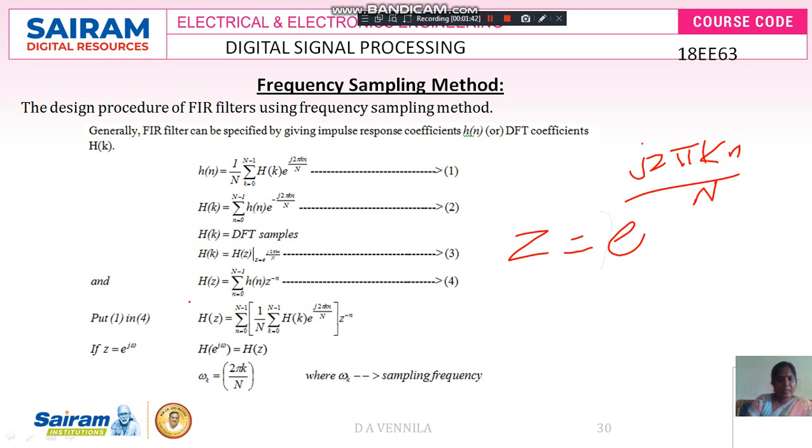So directly we can write the formula H of z equal to summation n equal to 0 to N minus 1 h of n z power minus n. If z is equal to e power j omega, then H of e power j omega is obtained. We know that omega k equal to 2 pi k divided by N, where omega k is nothing but your sampling frequency.